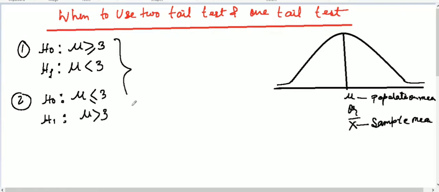In either case, we always decide by looking at the alternate hypothesis which tail test we should use. But in either of these conditions, you are going to use a one tail test.